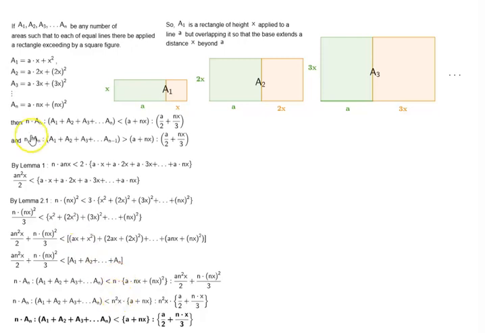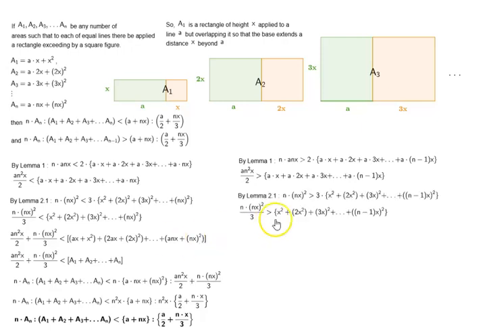The same procedure we follow for the second case. By lemma 1, n times anx is greater than 2 times ax plus 2ax plus 3ax plus dot dot dot plus a times n minus 1 x, which can be written as an square x by 2 is greater than ax plus 2ax plus 3ax plus dot dot dot plus a times n minus 1 times x.